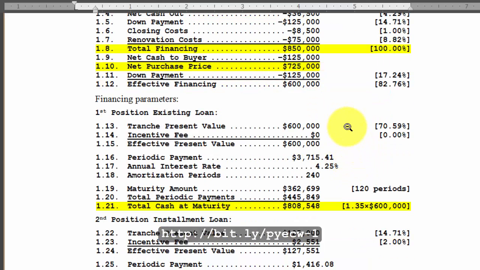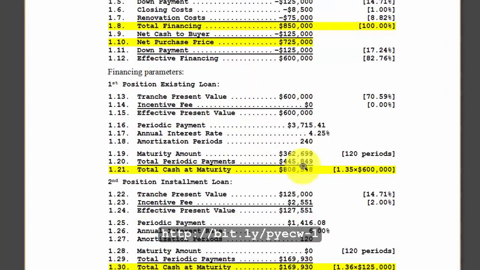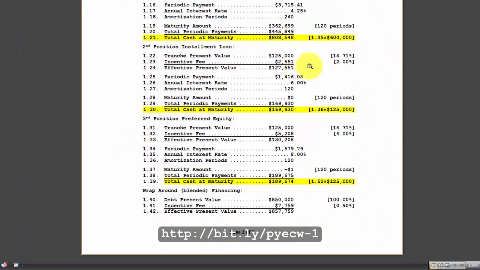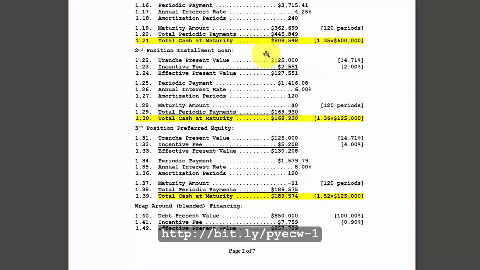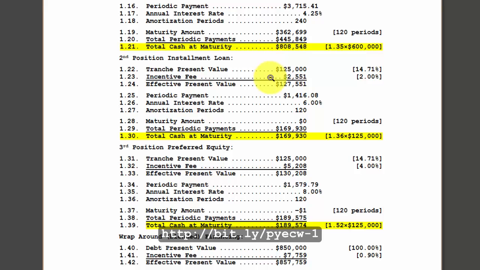The financing structure is 3 tranches. There's an existing loan with these parameters. We're asking the seller to take out an installment loan for $125,000 and to roll in an incentive fee of 2% at 6% interest, fully amortizing over 10 years.